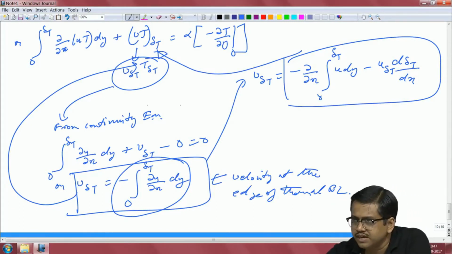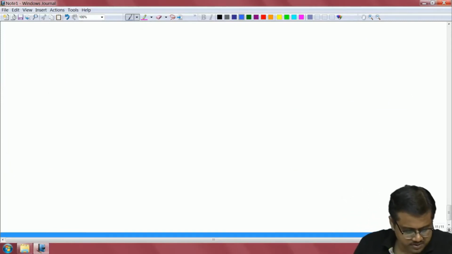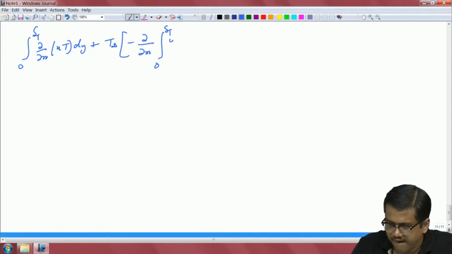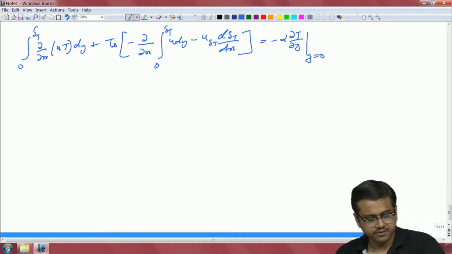Now we take this value of V at delta t and substitute it there. Let us look at what happens after substitution. The first term remains the same, plus T infinity minus d/dx, y equal to 0, right.